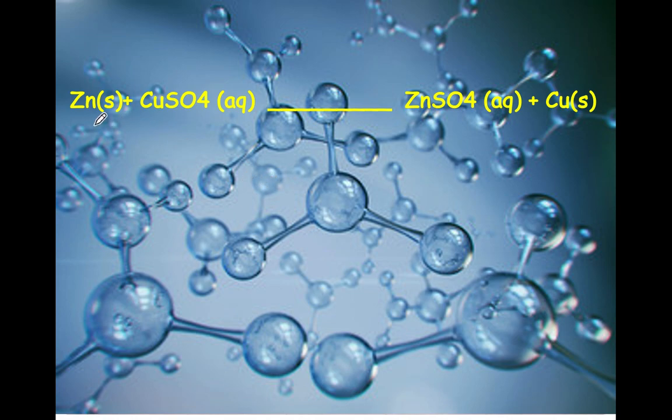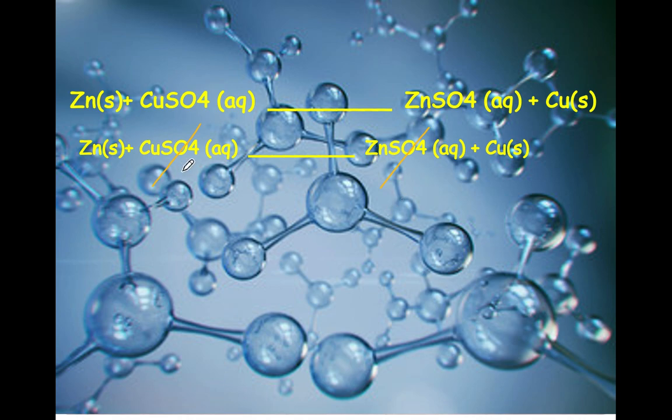The zinc started at solid state, ended at aqueous, so we don't dismiss it. The copper starts at aqueous state, ends at solid state, so it also enters the reaction. Sulfate is in the aqueous state and in the product also in the aqueous state, so we can dismiss it.